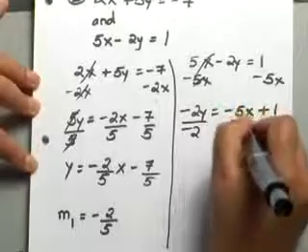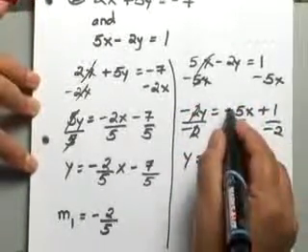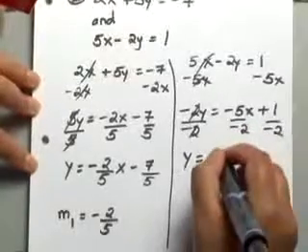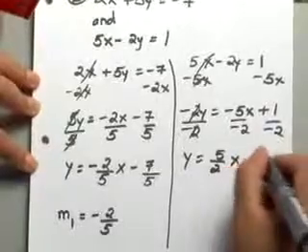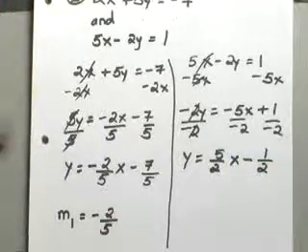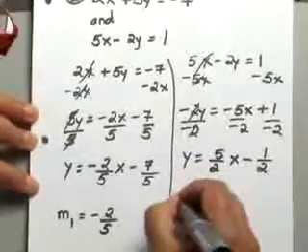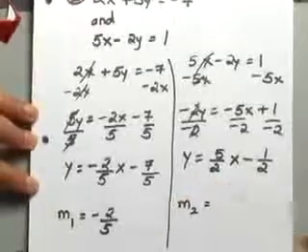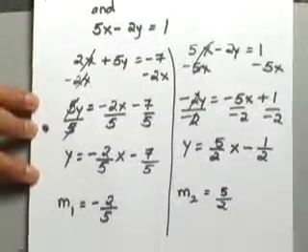Divide everything by negative 2. Now you have two negatives here, that becomes a positive, and you end up with 5/2 x. Positive and negative will give you a negative 1/2. So y equals 5/2 x minus 1/2. And from this you can see that the slope of this line, and we'll call that m2, is 5/2.